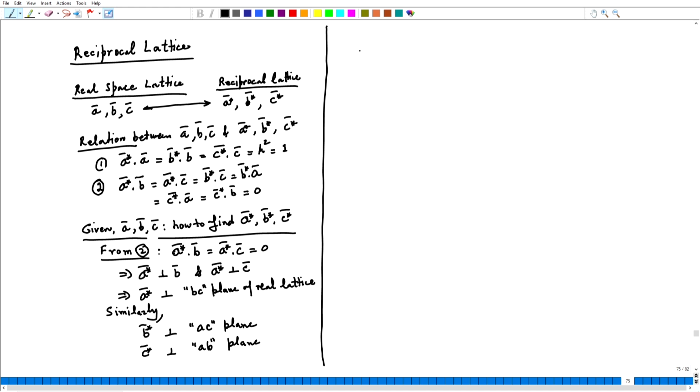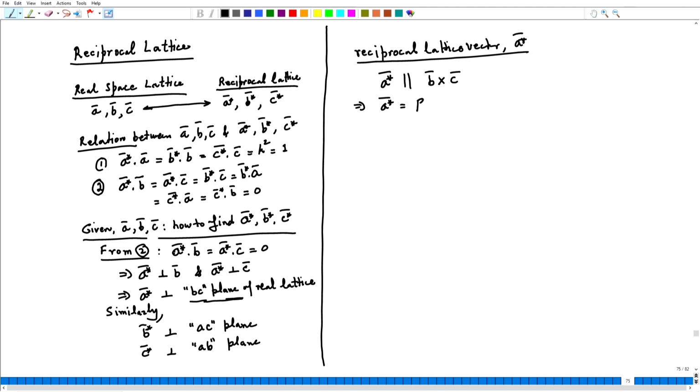Now, let us look at reciprocal lattice vector A star and how I could find this vector given a set of vectors A, B and C. So, very clearly, since the A star vector is perpendicular to the BC plane of the real lattice, if I take the cross product between the vectors B and C, this will produce a vector which will be perpendicular to the BC plane, and therefore, the vector A star would be parallel to B cross C.